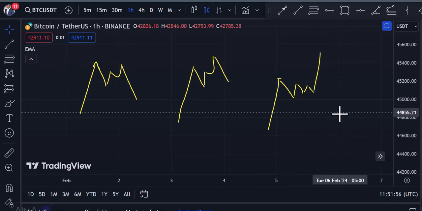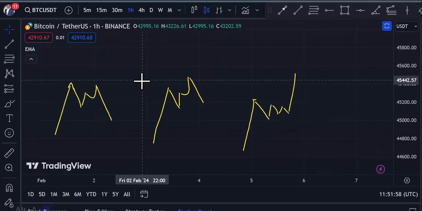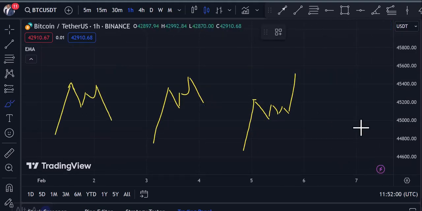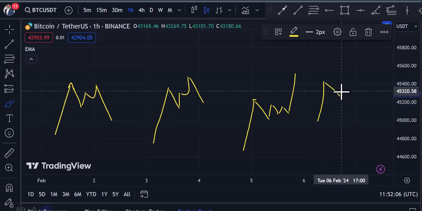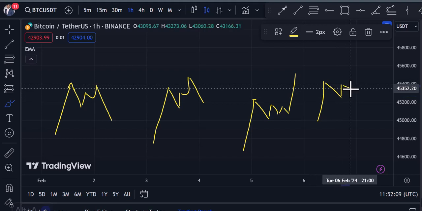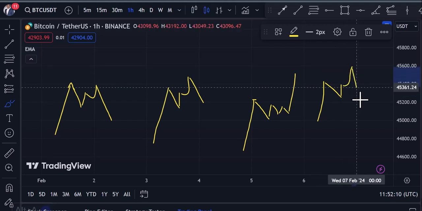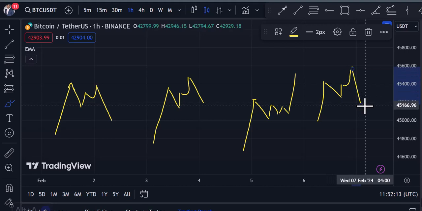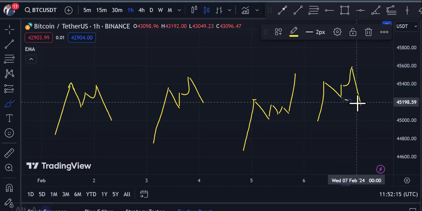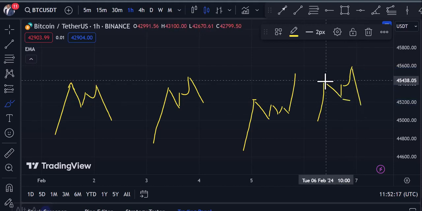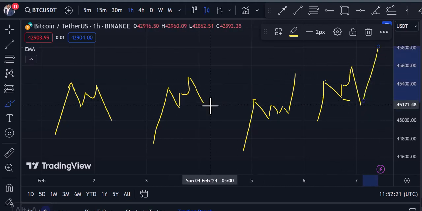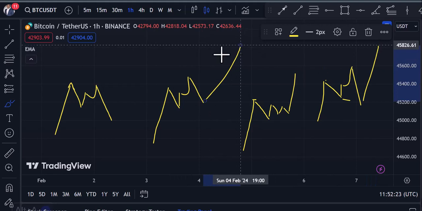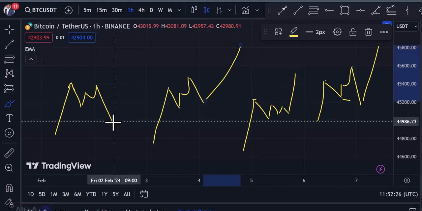The market makes an impulse, it corrects itself. So all in all, this is what they call the expanding flat, guys. After which the market goes up, after which the market continues in trend.